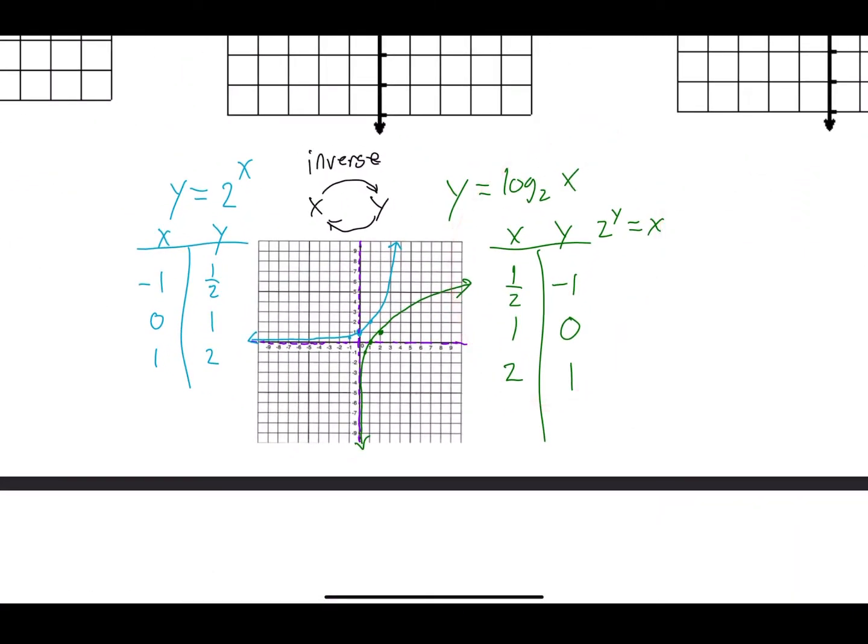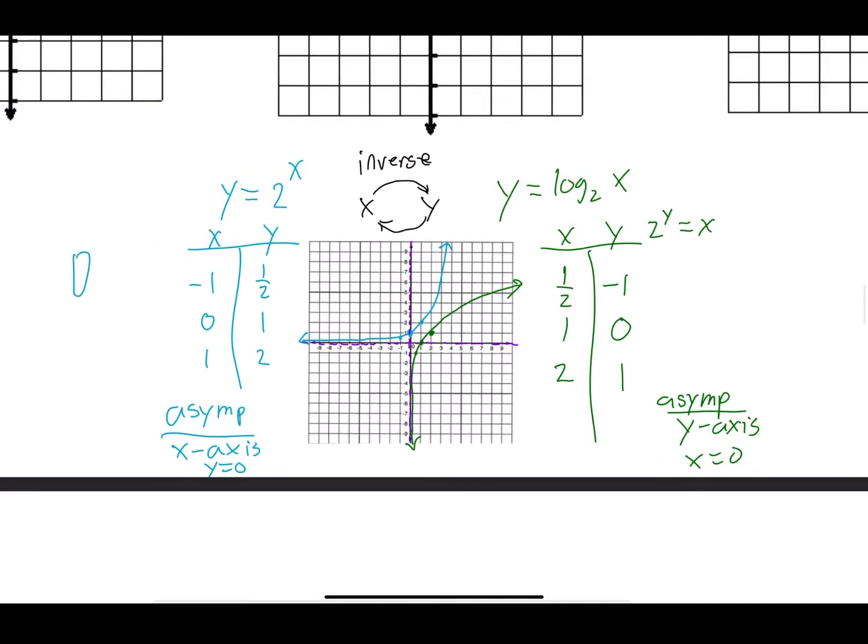So the asymptote of the exponential function was the x-axis, or y equals 0. The asymptote of the logarithmic function is the y-axis, or x equals 0. So the x and the y flipped. Now, the domain of any exponential function is all real numbers.